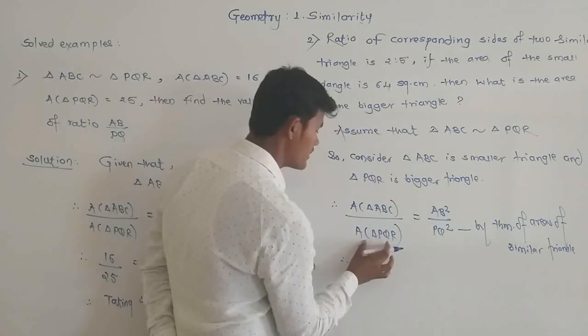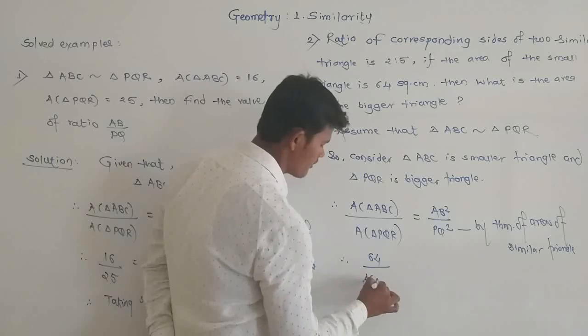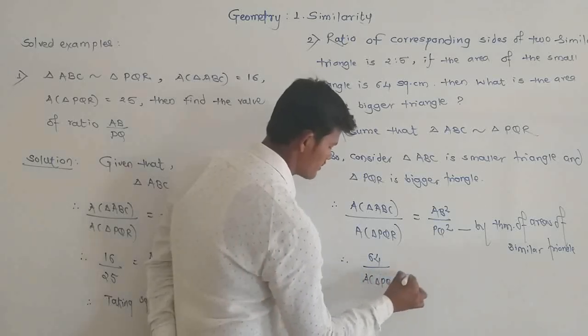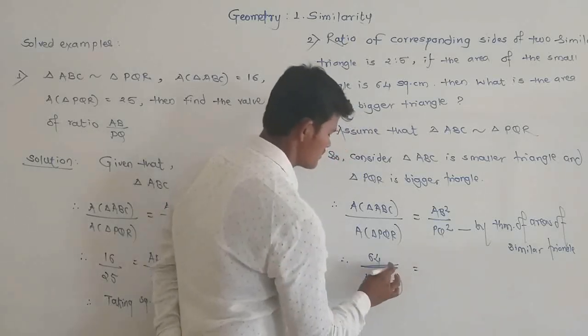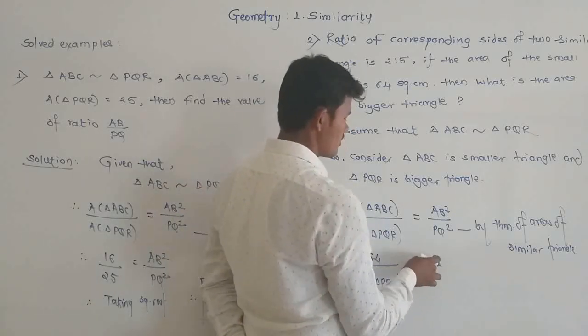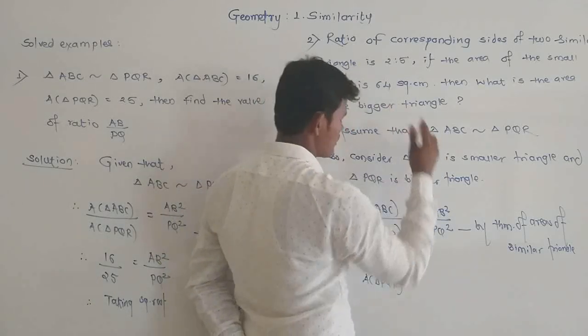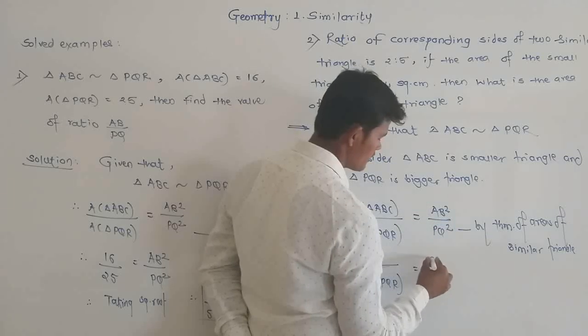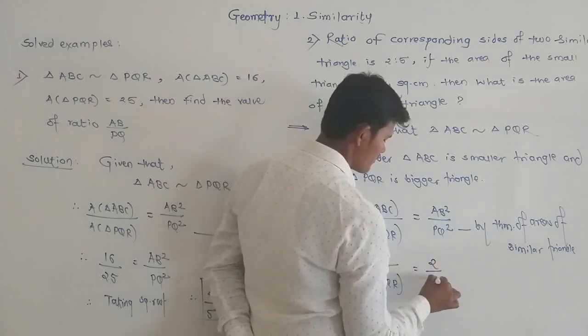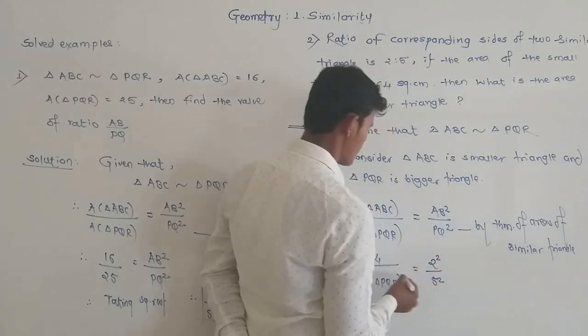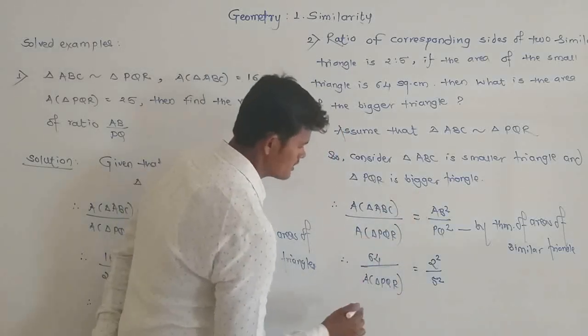Now we have to find the area of the bigger triangle, that means the area of triangle PQR, equals the ratio of corresponding sides, that is 2:5. So AB is the smaller side and PQ is the greater side. So we get 2 square upon 5 square, square of corresponding sides.